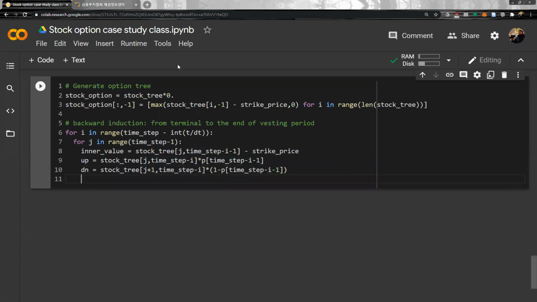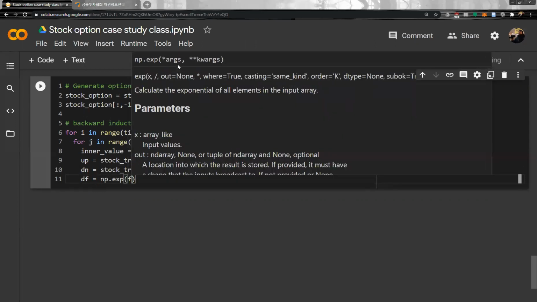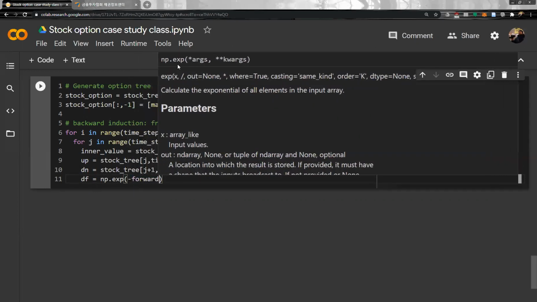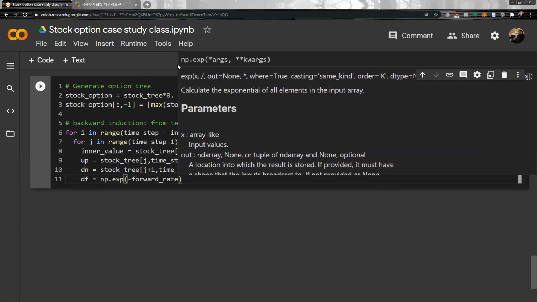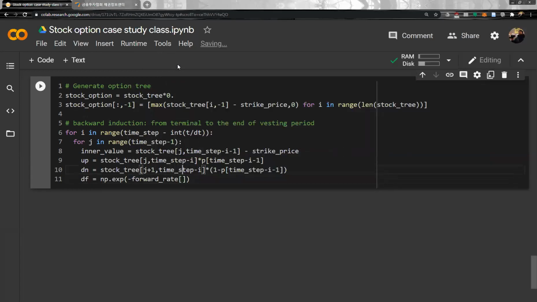And then DF is the discount factor. The discount factor is np.exp of minus forward rate, and at this moment the discount rate is this one, the same as this one, multiplied by dt. Okay, it is the discount factor.